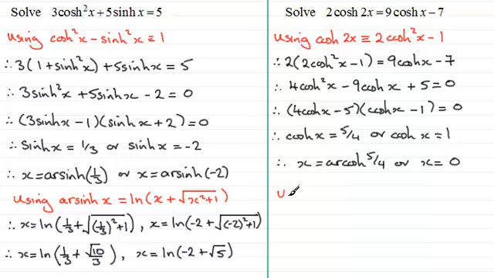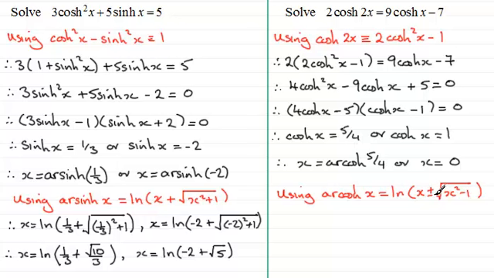Again, remember from a previous tutorial we said that if you've got the inverse cosh of x, it can be expressed in terms of natural logs as the natural log of x plus or minus the root of x squared minus 1. Remember, when you're solving equations for cosh x equaling a positive value like this, there can be 2 solutions.